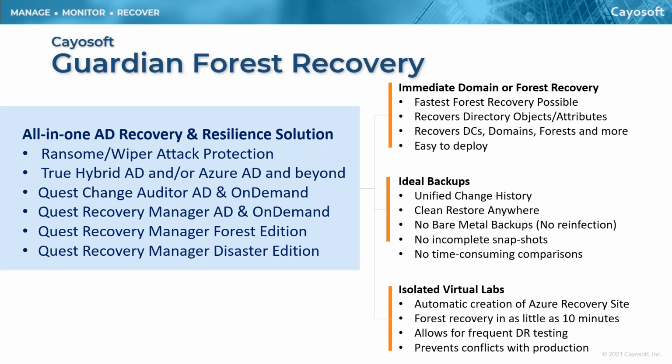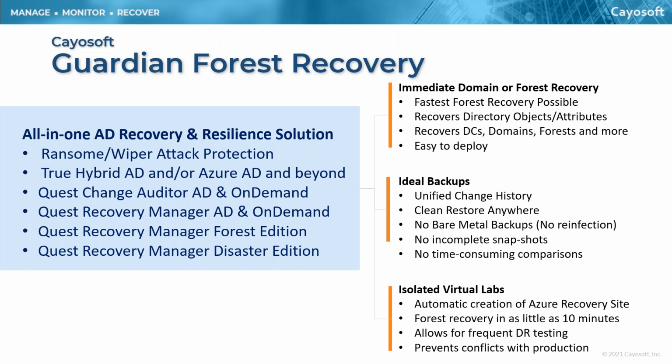They're really only worried about outages caused by changes to policies or licensing or group memberships. And also to follow a more simplified deployment pattern, we've created a license option that takes the Cayosoft Guardian product and adds quite a bit to it to do forest-wide Active Directory recovery.